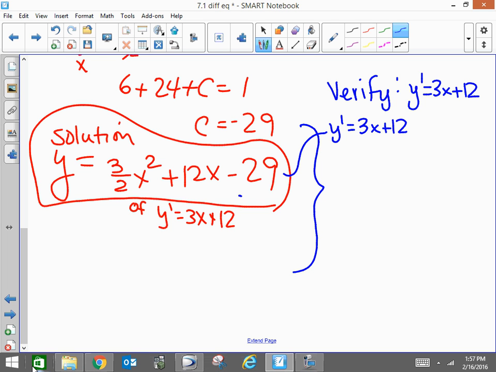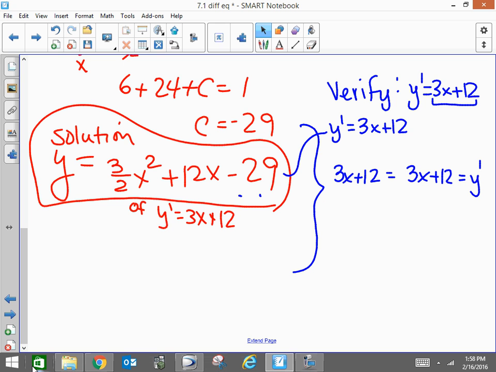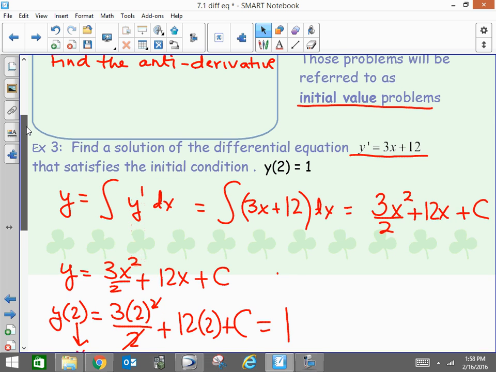We'd start with this end. And then we'd say, oh, where's y prime? Here's y. So y prime is 3x plus 12 certainly does equal y prime. Kind of weird, but yeah. Okay? Yes, you're solving. Solving a DiffEq, you're finding y.